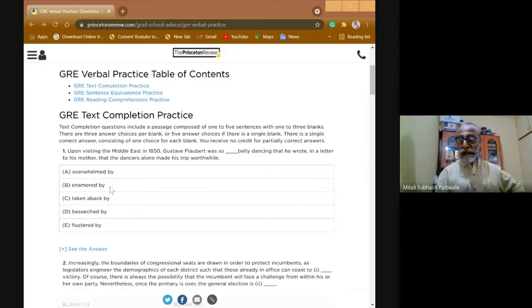First two are the adjectives, the next three are the verbal phrases. So, we need to find an adjective for this blank. What could be the probable answers? That is choice A or choice B, because these two are the adjectives, the rest three are the verbal phrases. So now let us find out what each choice of answer means.